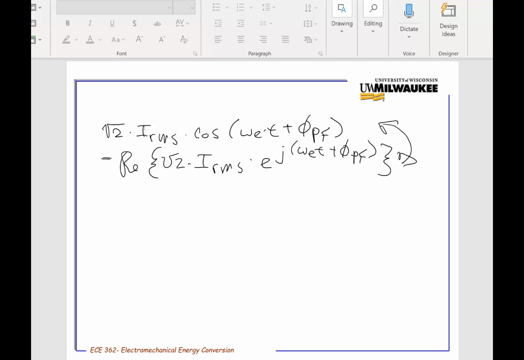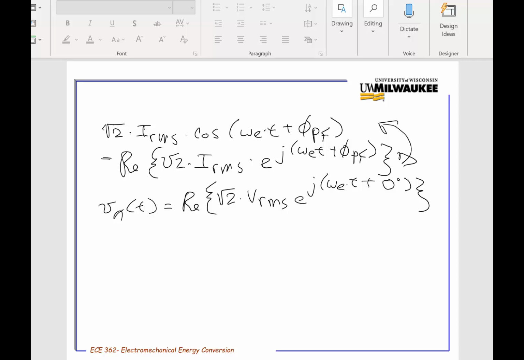Now what we have, a common thing with the phasor, is V alpha of t equals square root of 2 V RMS e^(j omega_e t), and then I can just be general and say a general phase angle, and it's 0 degrees because we're referencing everything to where the voltage is.